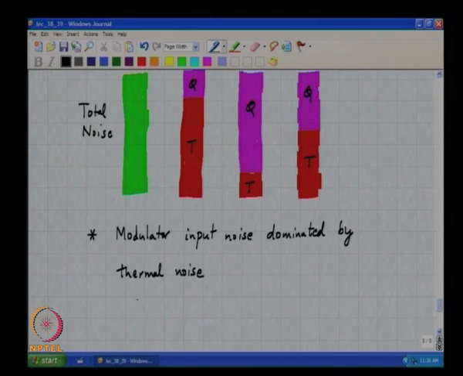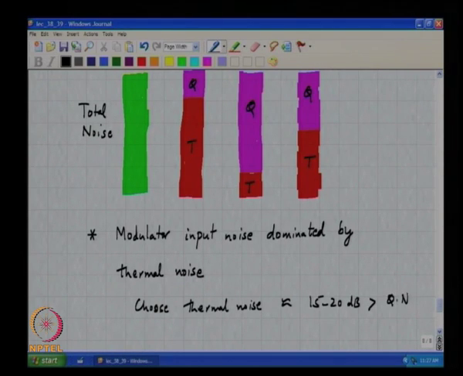It is common practice to choose thermal noise to be about 15 to 20 dB greater than the shaped quantization noise. This means about 30 to 100 times larger in power terms when compared to the quantization noise.